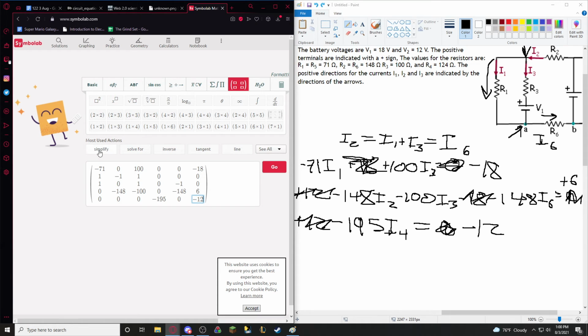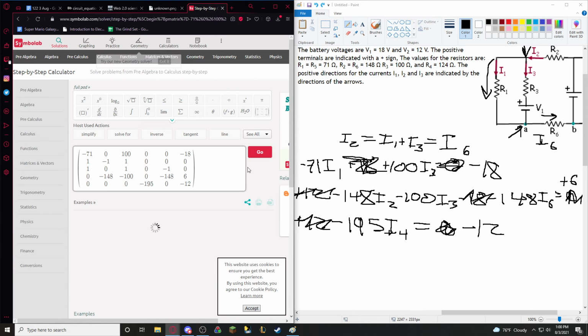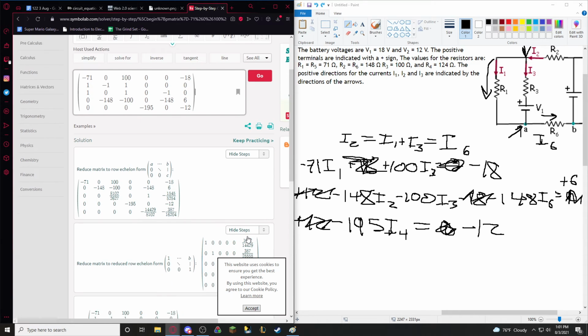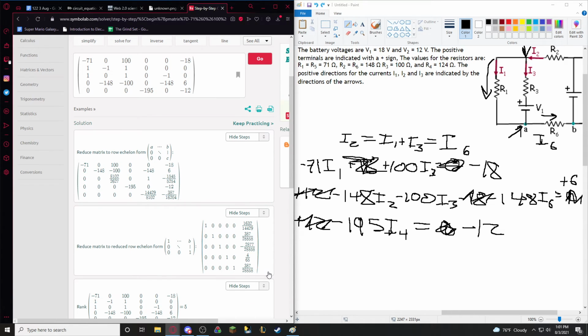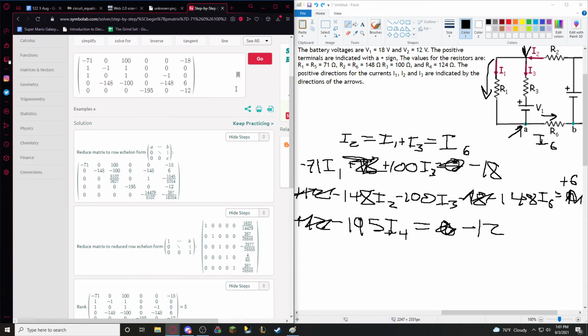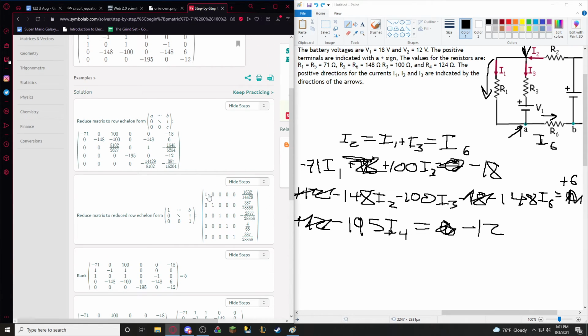And so then we're essentially just going to hit go, and what we want to do is reduce this into its row reduced echelon form. If you haven't taken linear algebra, you really don't need to understand it. Literally all you need to know is you just let Symbolab do its thing and reduce it down to this 1 0 0 0 0 and a bunch of ones, and you have the values here.